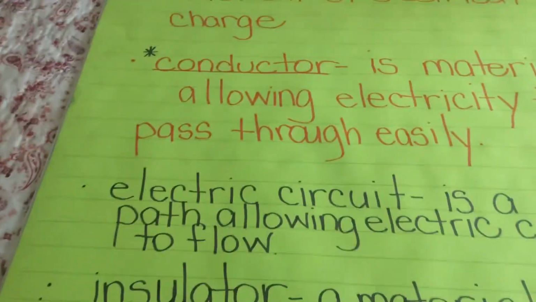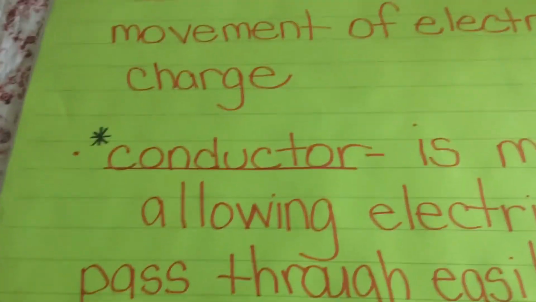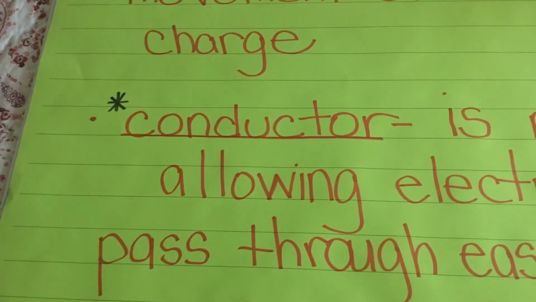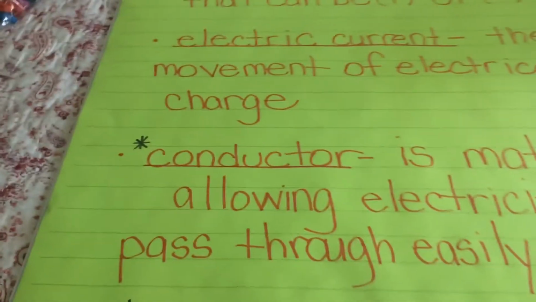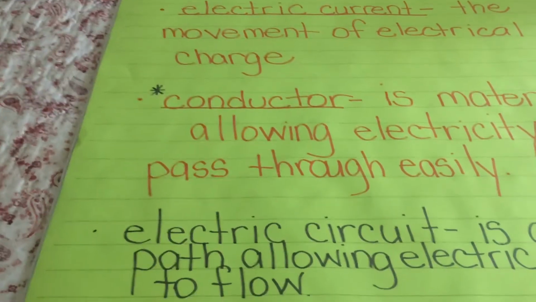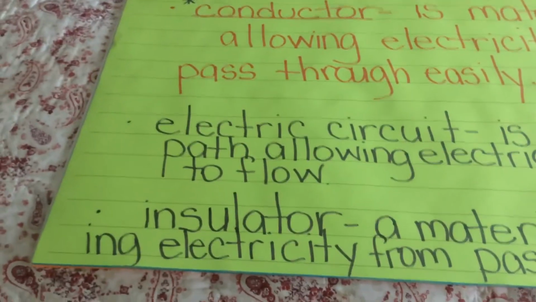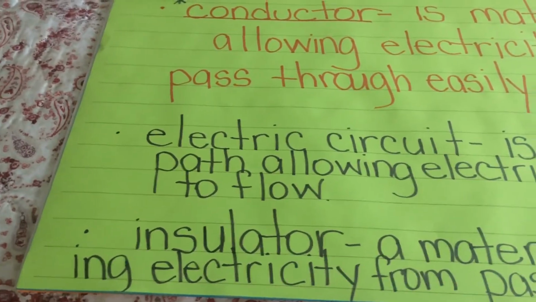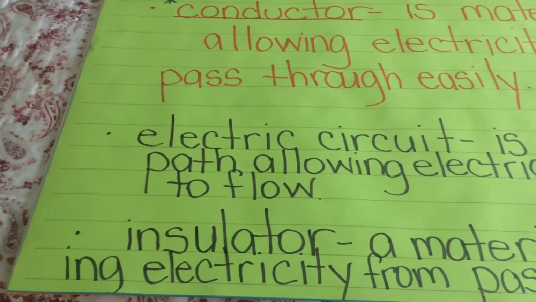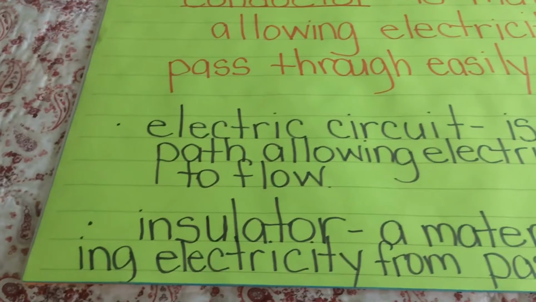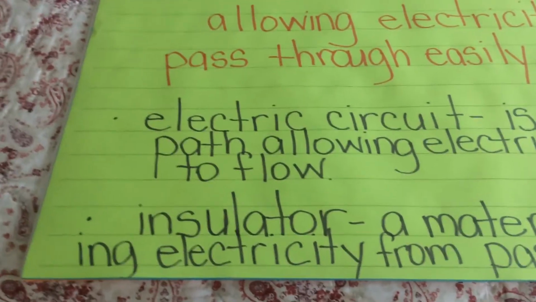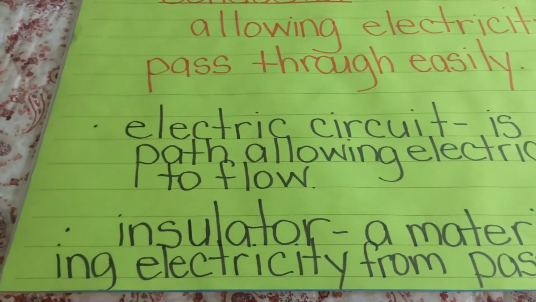Insulator. Now see, I have conductor with an asterisk by it. Okay, we know that a conductor allows that electricity to flow easily. But an insulator? Well, we know that repairmen, when they're climbing up on those utility poles, have to wear rubberized suits and gloves. Why?